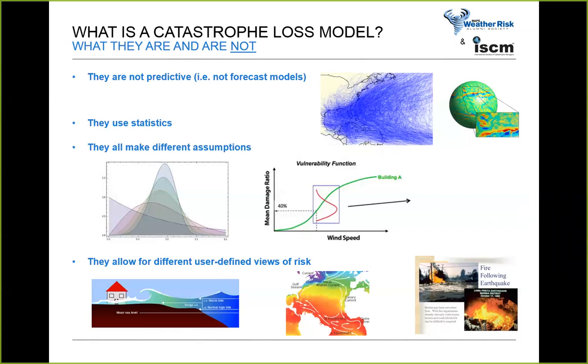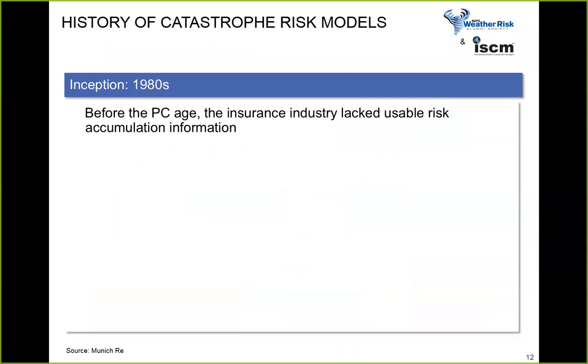So I'd like to go back and give a little bit of history of these models, because as I mentioned, for a long time in insurance history, there really was a gap of effective tools to understand the frequency, severity, and loss potentials from natural catastrophes. So back in the Stone Ages in the 1980s, really before the PC age, the reinsurance industry lacked any functional usable risk accumulation information.